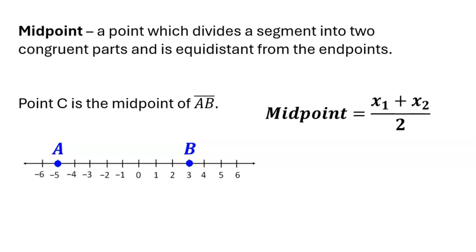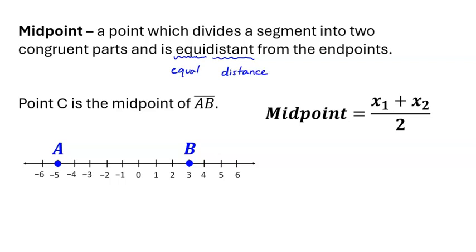So the midpoint is a point which divides a segment into two congruent parts and is equidistant from the endpoints. And equidistant, equi just means equal, and distant is just talking about the distance. So it's an equal distance from those two endpoints.